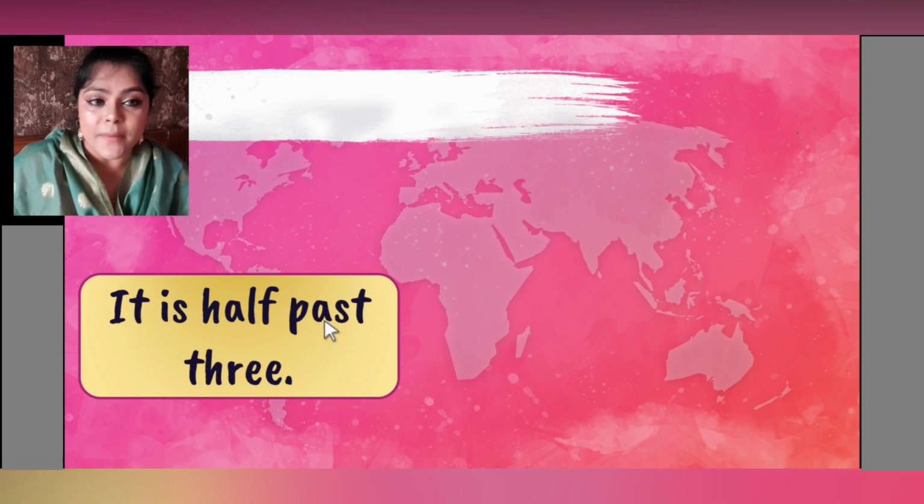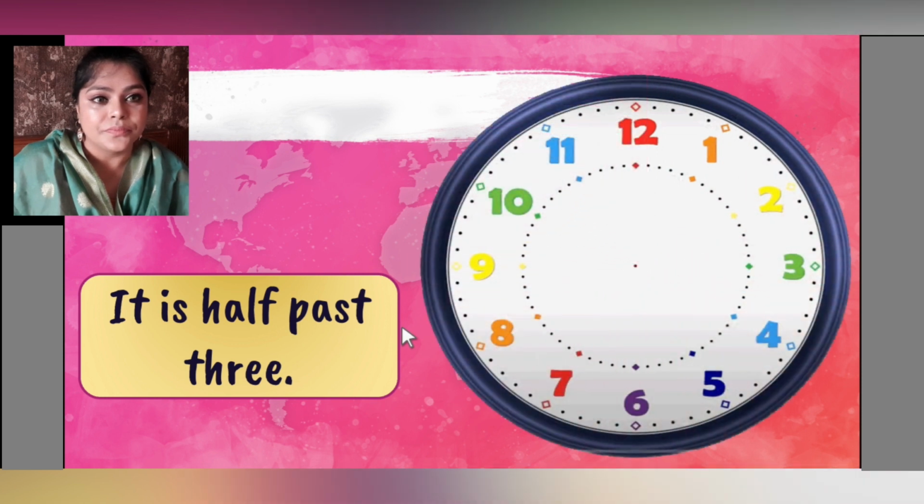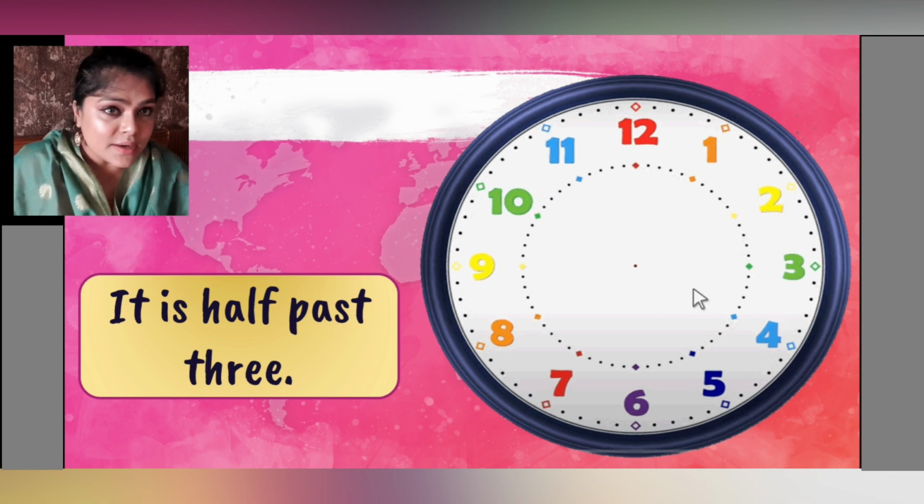It is 3:30. Now let's see the clock. Now first we have to draw the hour hand. Very good. 3:30. The hour hand will be on 3 or 4. It will be in between. Okay, let's see here. The hour hand will be in between 3 and 4.